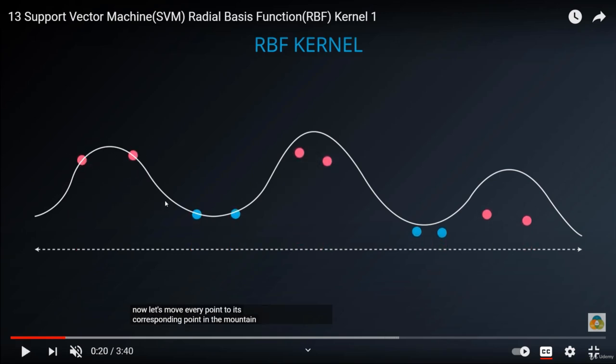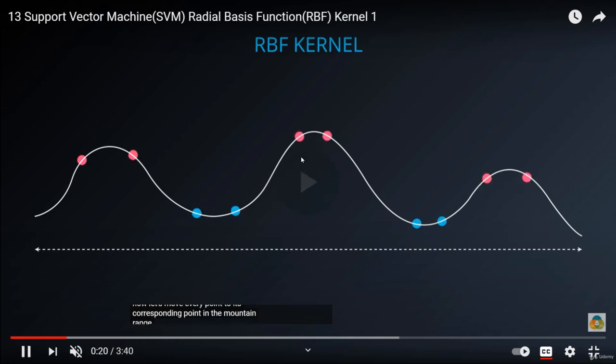As you can see here, these two data points are here, then these two data points are here, and then these are here. Basically we project the data points. Let's say we have one dimension; we project the data points into a two-dimensional space, or more.